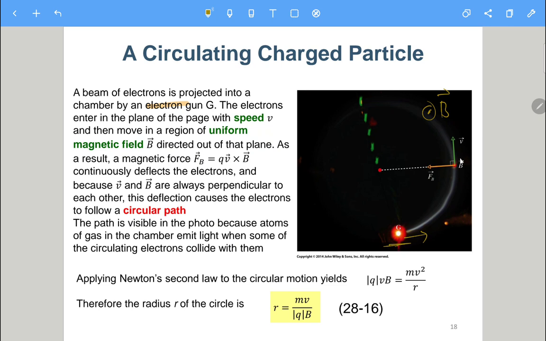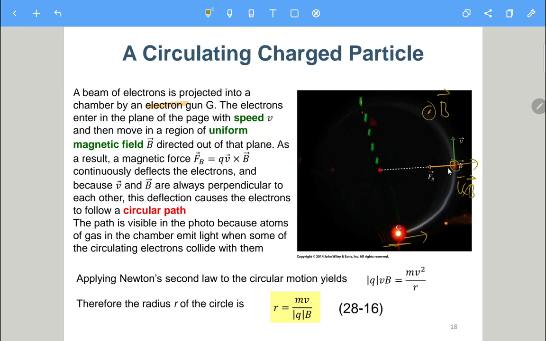In that case, we try to find V cross B. B is pointing out of the page, so V cross B is pointing in this direction, outward.